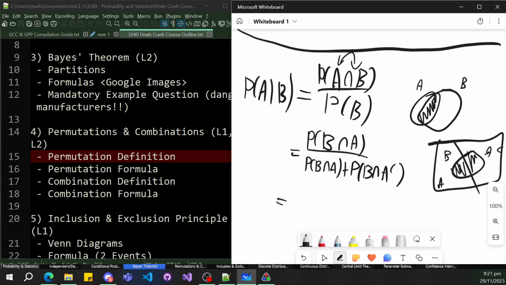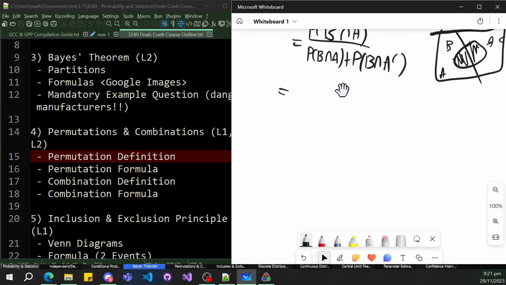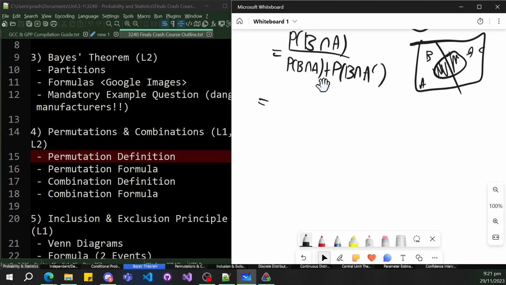Now, we will use our almighty formula again, because we've got intersect, intersect, intersect. But our question has its information in the form of P given A, given not B, things like that. So we sub in our formula one more time. B intersect A becomes P(B given A) times P(A).